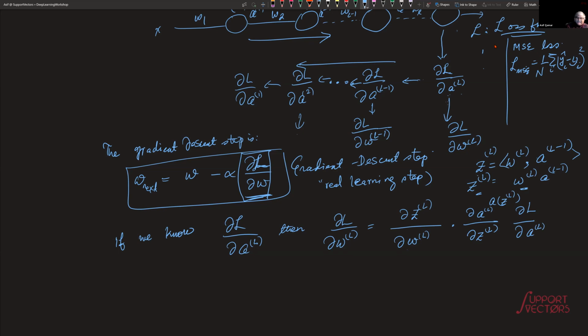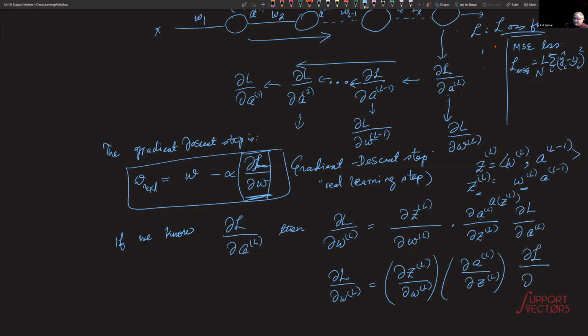You have shown, and I'll write it succinctly here, that the gradient of the loss with respect to WL is equal to this simple product: the derivative of ZL with respect to WL, multiplied by the derivative of the activation with respect to ZL, multiplied by the gradient of the loss with respect to the activation.